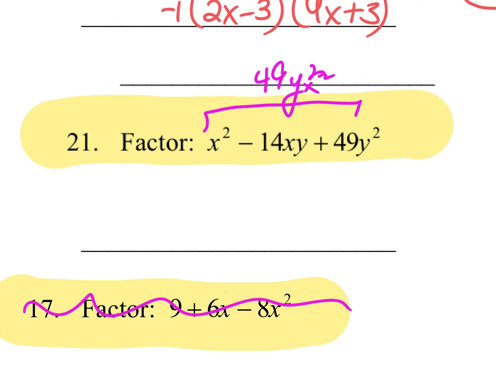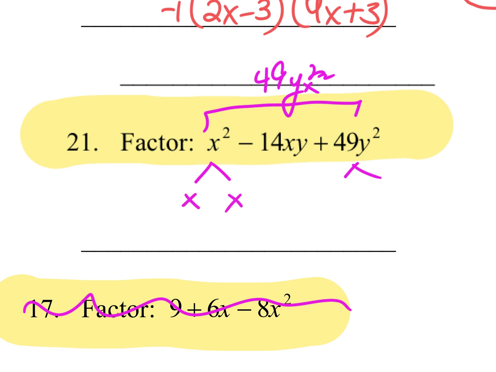But guys, how to check if something is a perfect square trinomial. You look at the first term and the last term. Are they both positive? Yes. If it's a perfect square trinomial, the last term will be positive because when you square a number, it becomes positive. So what times what gives you x squared? X and x.